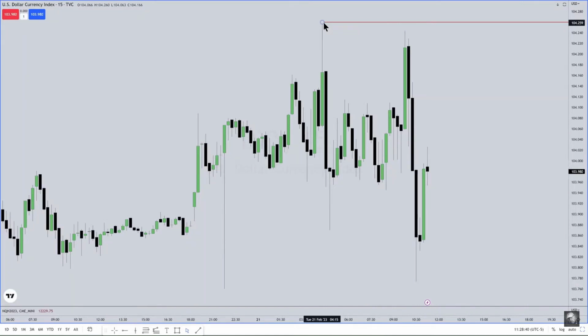So much like this here is failing to get to a buy-side liquidity pool, where did it really fail at? Where's the bodies? Look at the close on this candle, and where's the open on that candle? Where is it occurring? Consequent encroachment.